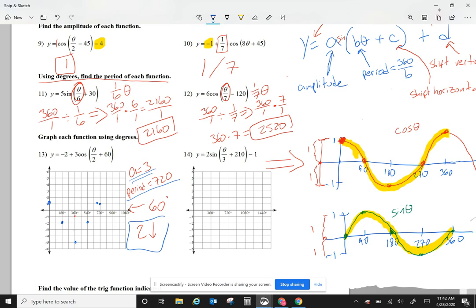Roughly it's about there, and if I could graph that there. Now following the picture of cosine, and then obviously I continue.